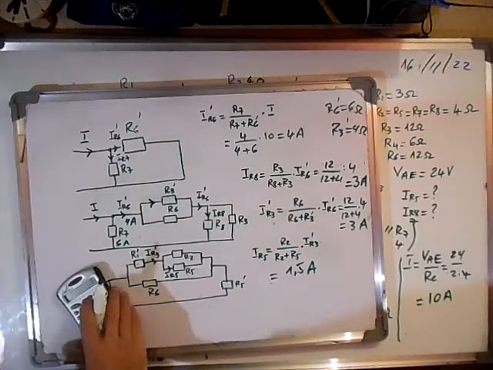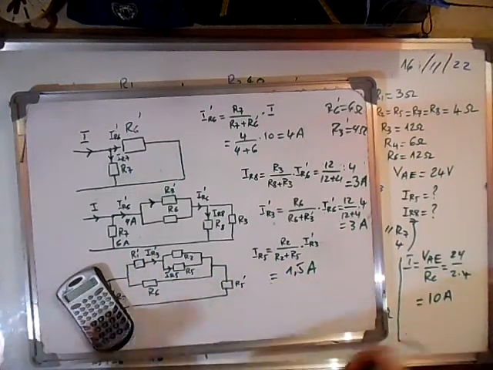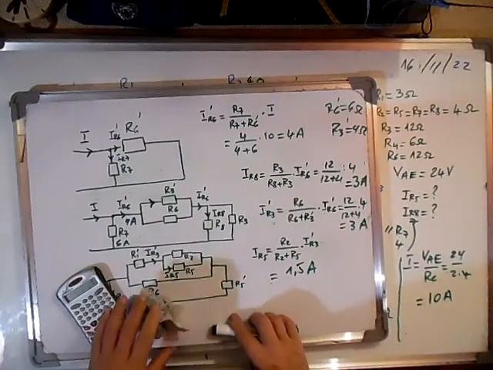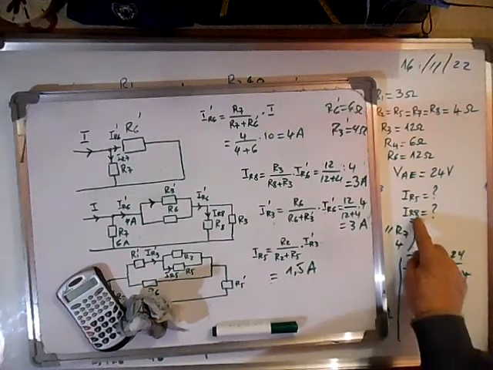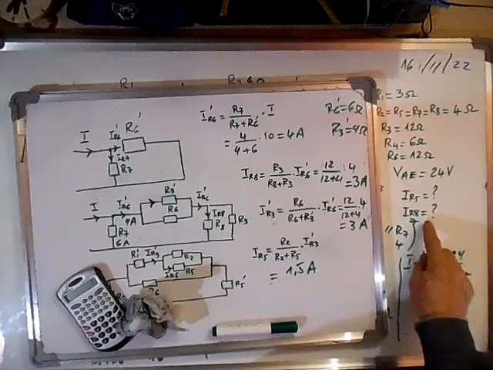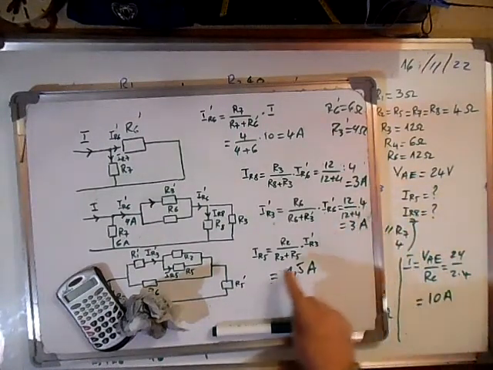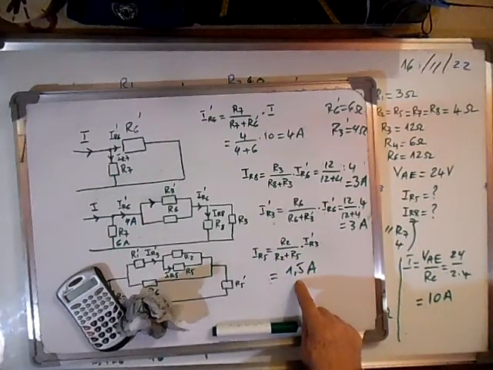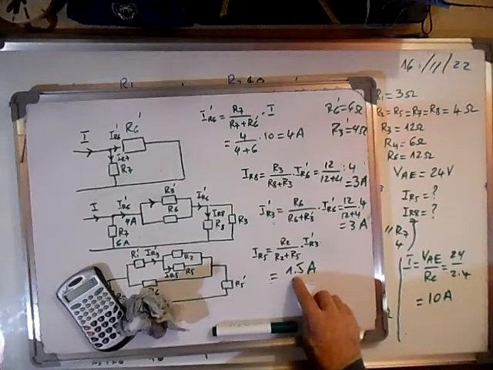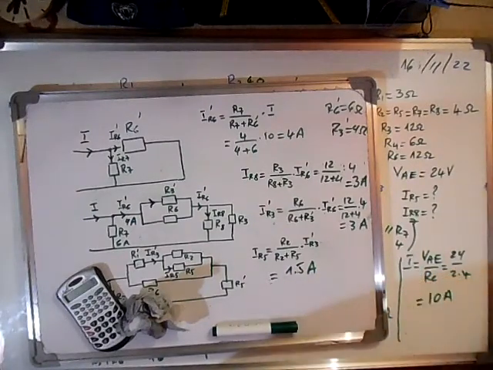Okay, I think that we finished. We calculated IR8, which is equal to 3 amps, and IR5 is equal to 1.5 amps. And thank you very much.